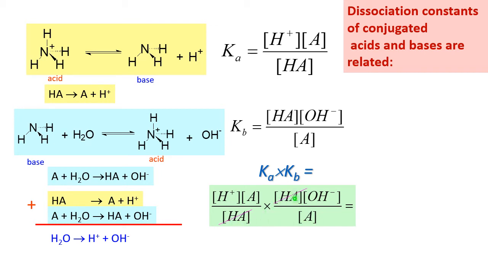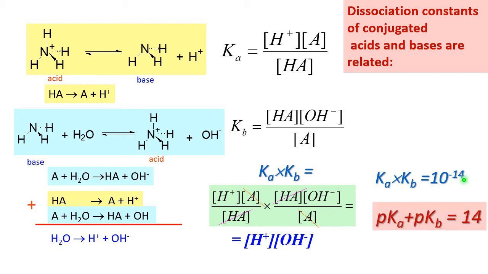Above the line we have HA and HA below the line. So they will cancel. What's left? H plus and OH minus. Now we know this product, it's Kw. So Ka multiplied by Kb is Kw, and it is equal to 10 to the negative 14.